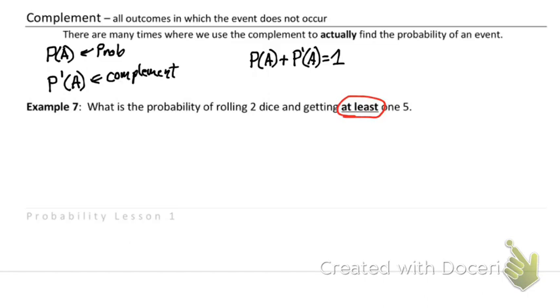Let's go ahead and use that in practice. So it says, what is the probability of rolling 2 dice and getting at least 1 5? Let's say we have probability of A. Probability of A is going to stand for at least 1 5.